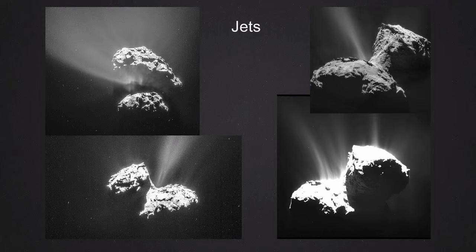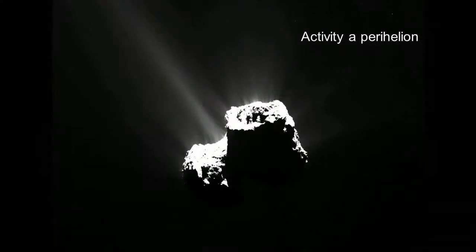As we get closer to the sun, we see the activity increasing, and also at this stage we noticed with the spacecraft that the star tracker performance gets more difficult because of the dust environment, and the spacecraft needs to fly a bit further from the comet in order to be able to do proper attitude determination. The activity of the comet becomes quite spectacular in the time of May and June, with some very impressive images.